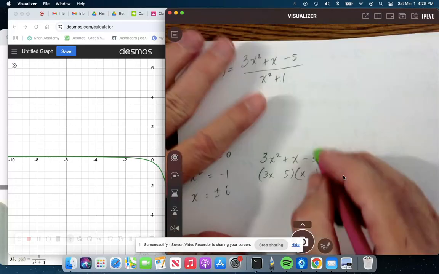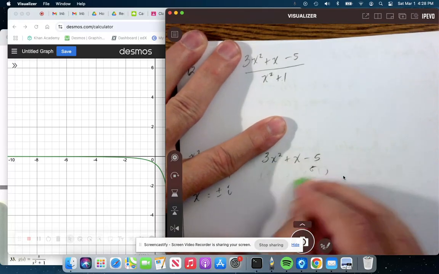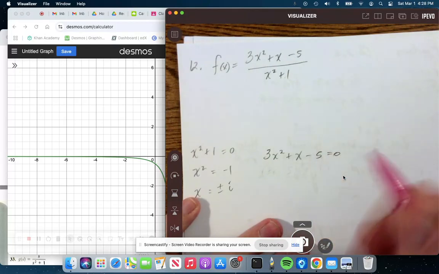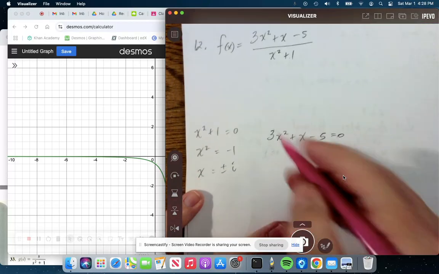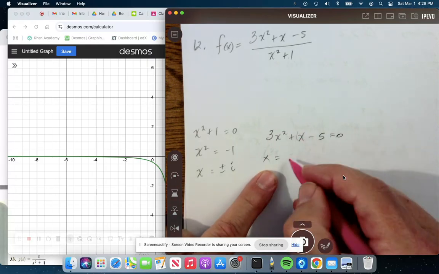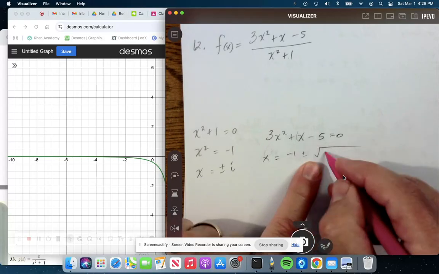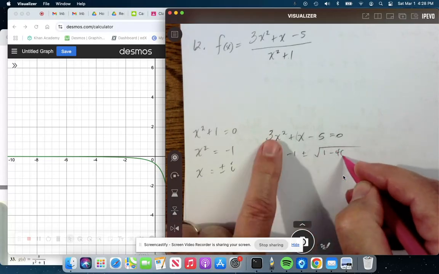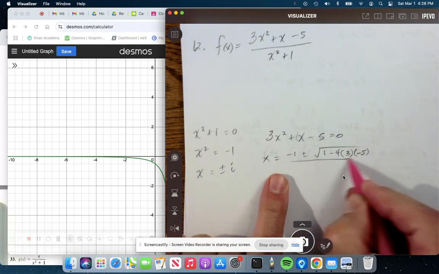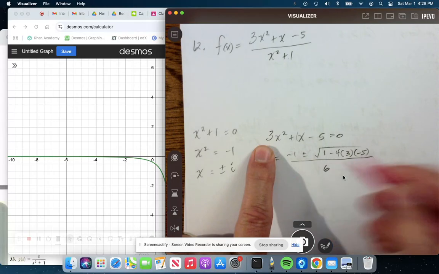The only other way I can think to find the zeros of this thing, if I wanted to find the zeros, is to use the quadratic formula. So I'm going to do that real fast. There's your b, which is 1. So negative b plus or minus the square root of b squared, which is 1, minus 4 times a times c, which is negative 5, over 2 times a, which is 2 times 3, so 6.